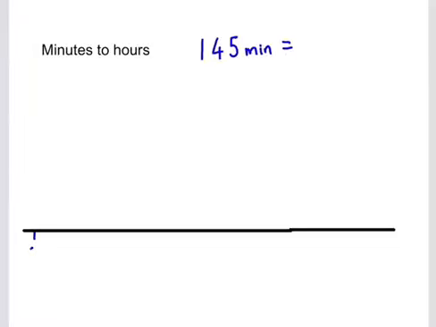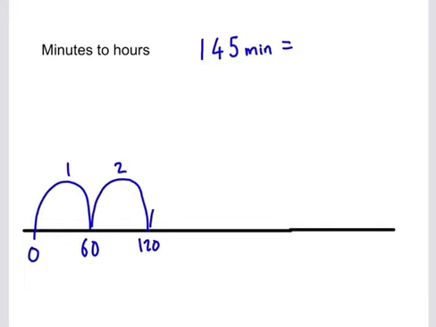Well, we'll start at 0, we'll jump to 60, it's 1 hour, we're not there yet. We'll jump to 120, that's 2 hours. Jump to 180, oh no, I can't jump to 180, that's too far.